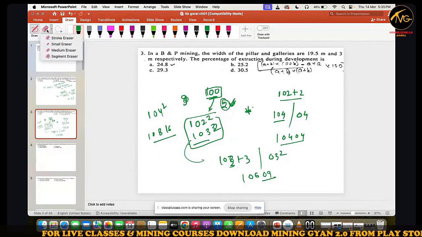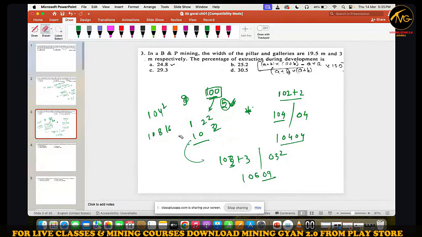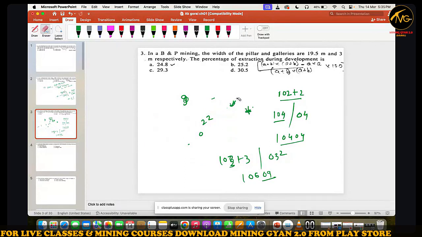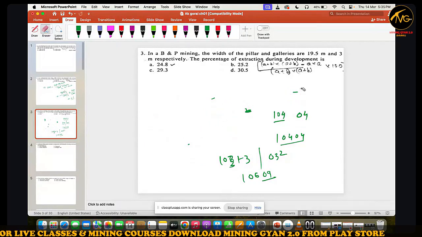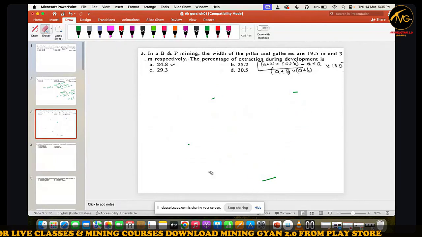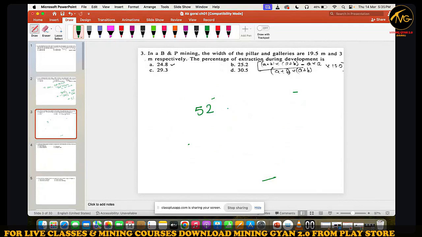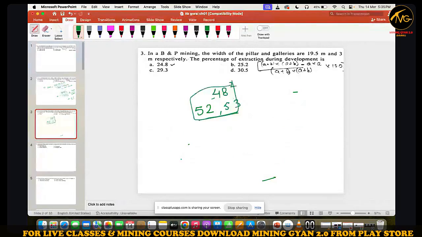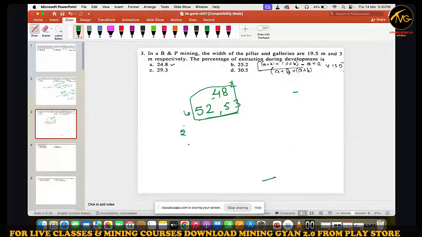If you need 52 or 53, or 48 square, then you get how much it is extra from 50, it is 2.